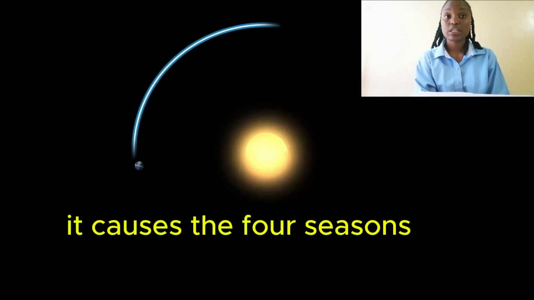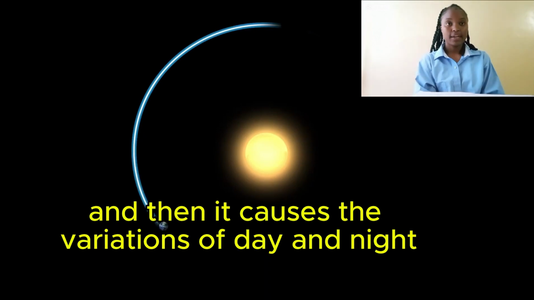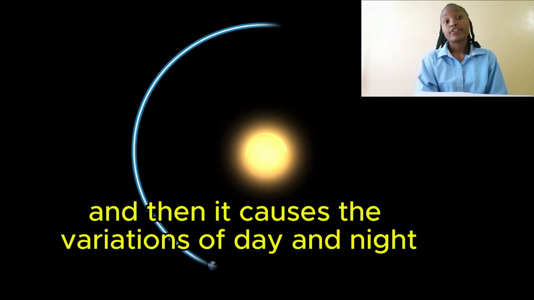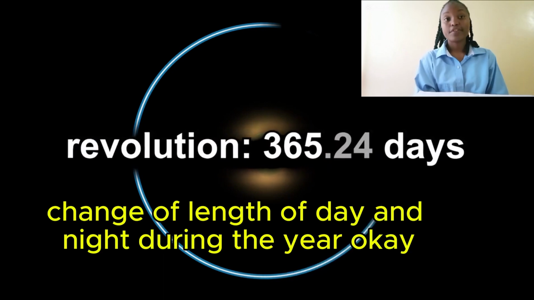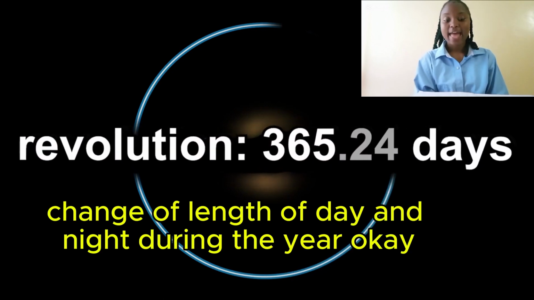So it causes the 4 seasons, and then it causes the variations of day and night, or the change of length of day and night during the year.